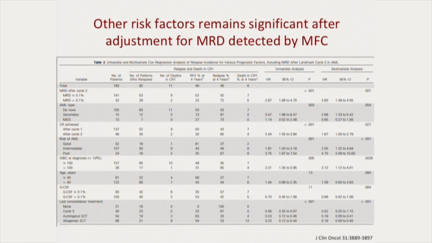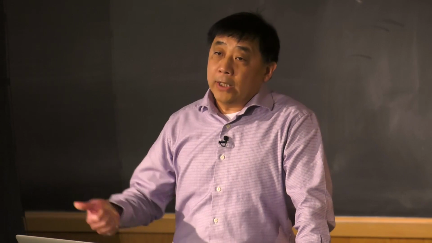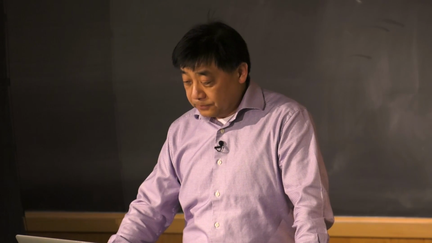The finding based on MRD detected by flow cytometry is that the study has consistently shown other risk factors remain independently significant. This includes the white cell leukocyte count at diagnosis, cytogenetics, and the disease status.